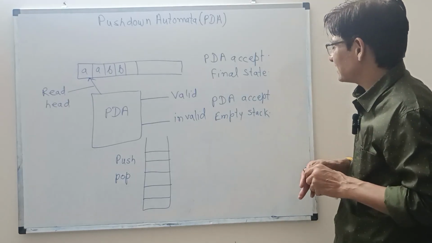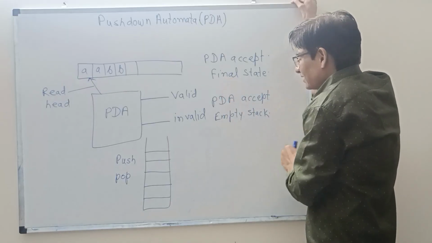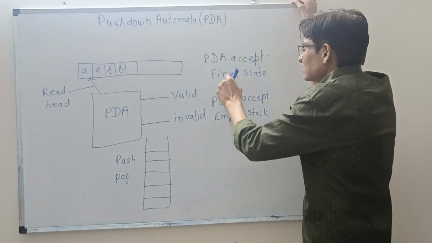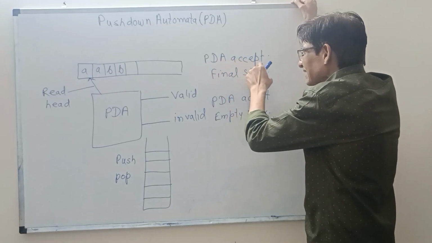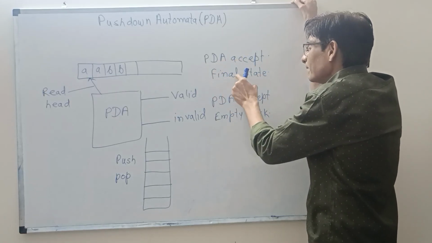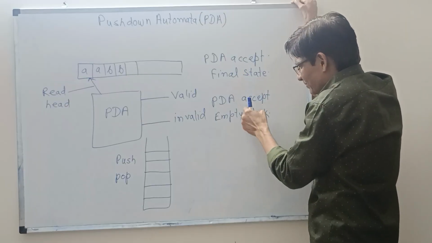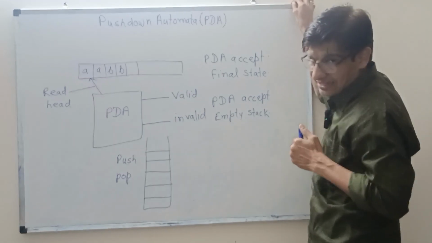One important thing is that if you can create either type of PDA, then you can convert it to the other type. Suppose for any particular language you can create a PDA which accepts strings by reaching final state, then you can easily convert it into a PDA accepting strings by empty stack.